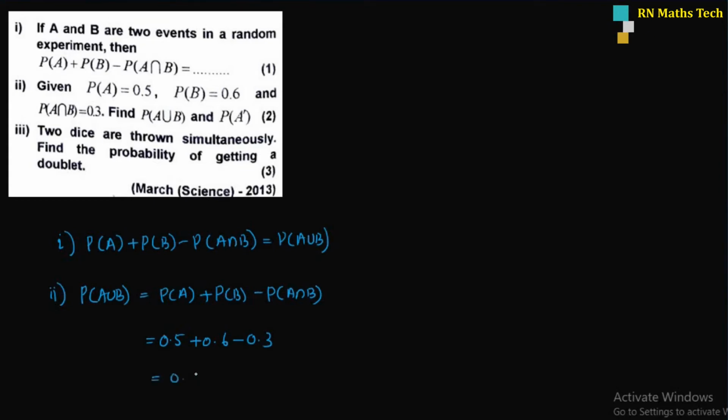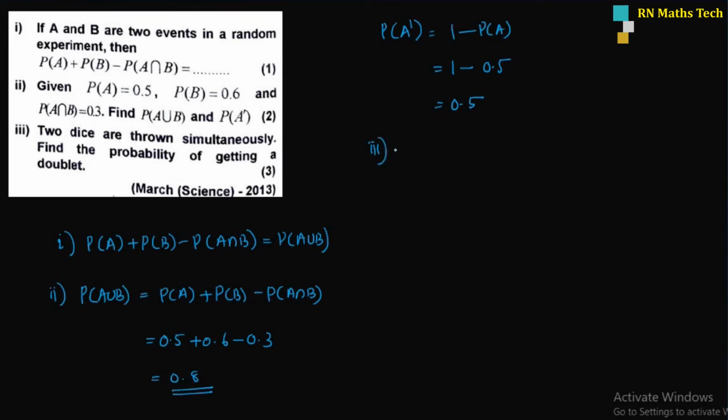That's equal to 0.8. Okay. Next is P of A dash. P of A dash is equal to 1 minus P of A. That is equal to 1 minus 0.5. So answer is 0.5.